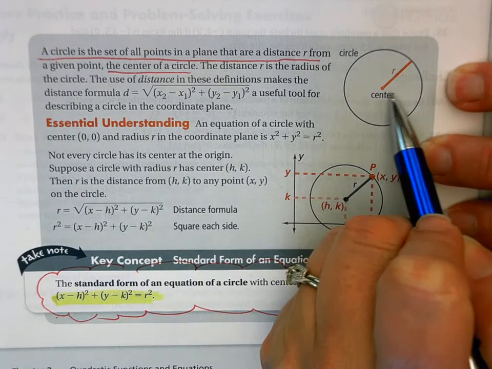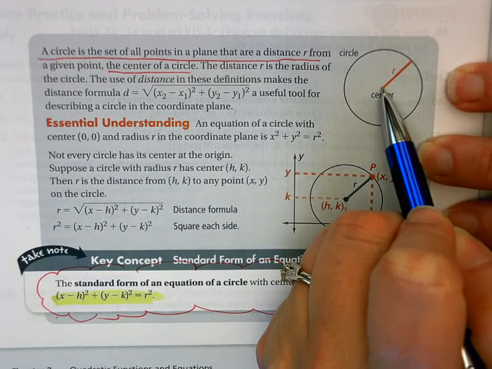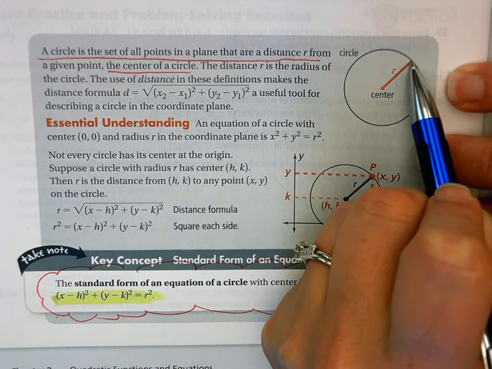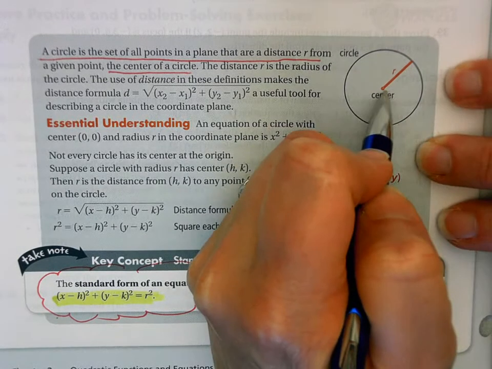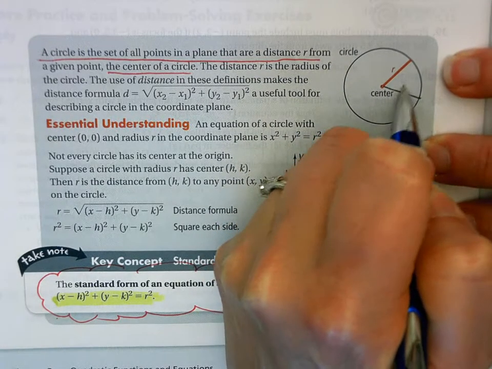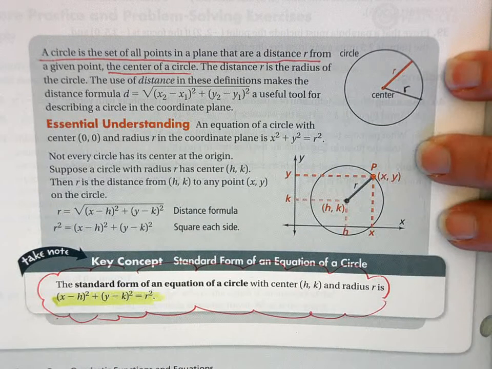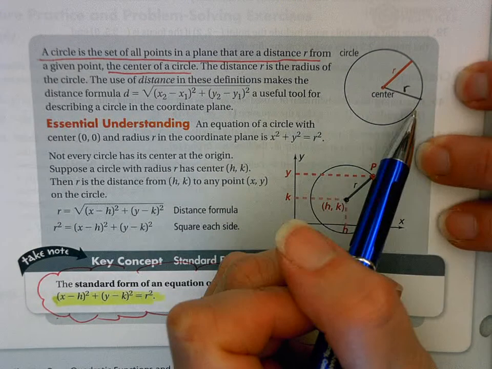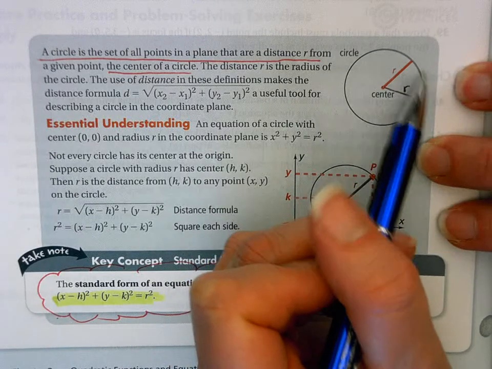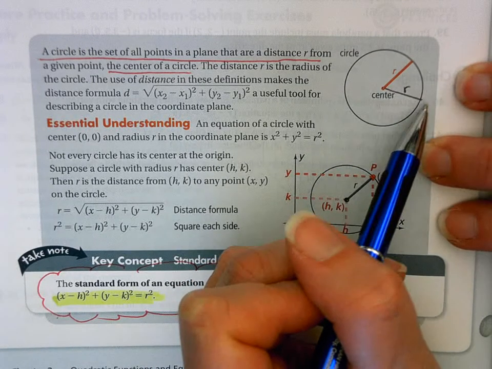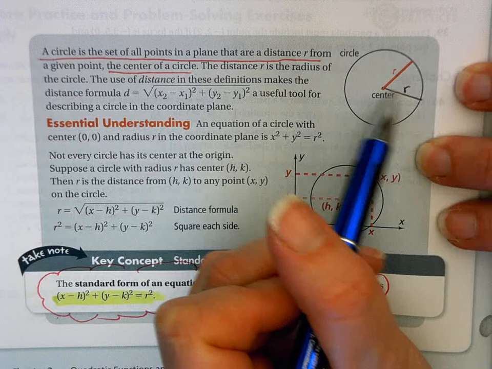So regardless of where I am, if I go from the center to the edge of that circle, it should be the same length. So this radius would be the same as, say, this radius over here. So all of those lengths will be the same, and so the set of all points around the circumference of the circle should be the same equidistance to the center.